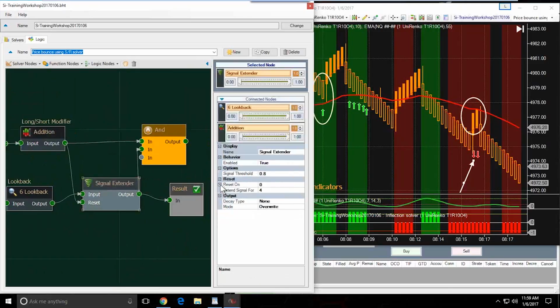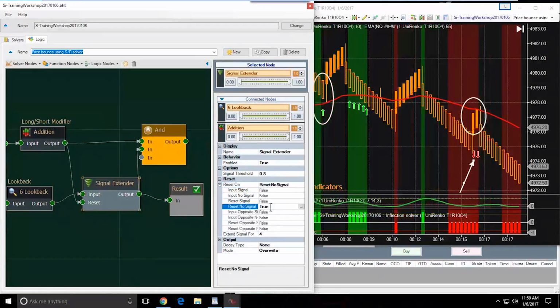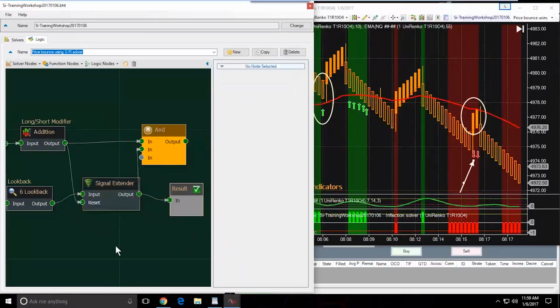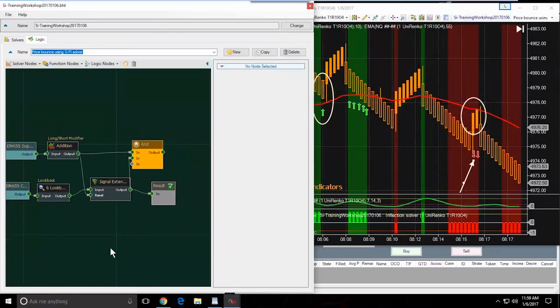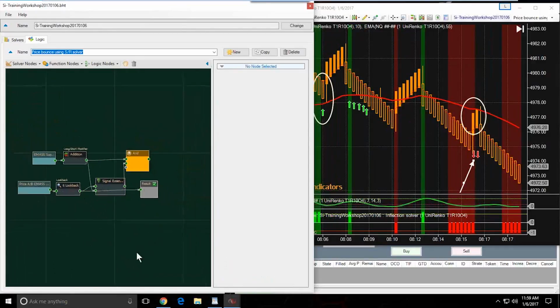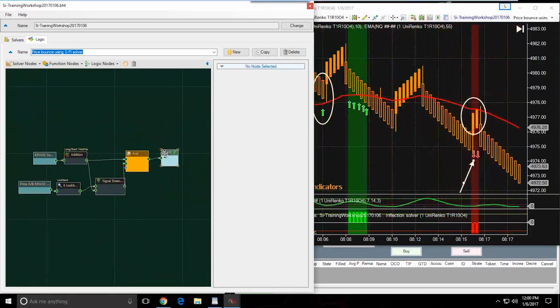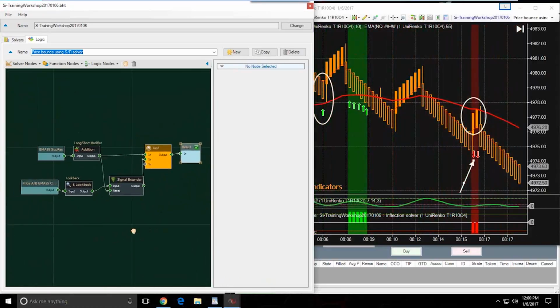And with this reset, I want to use the reset no signal. All right, I think that looks good. So there's my logic so far.